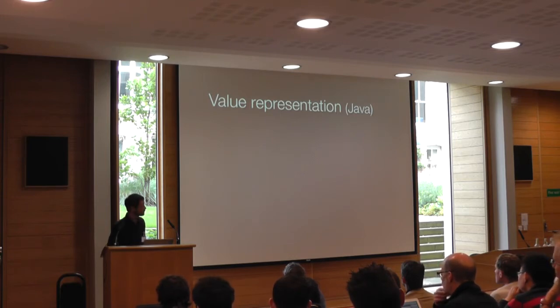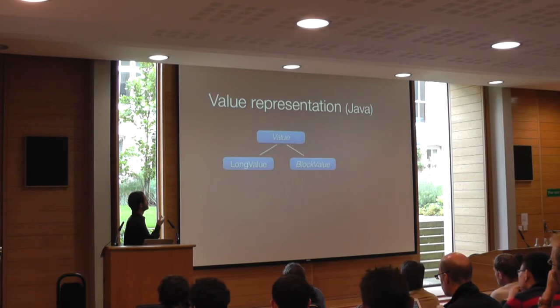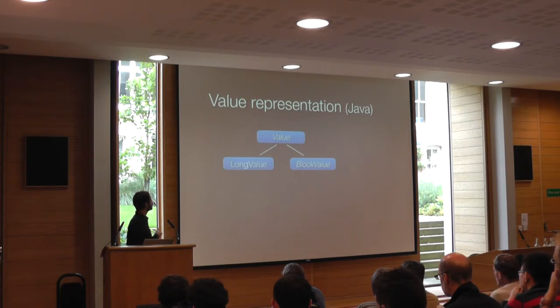So it implies that you will have to define a class hierarchy with an abstract value class, which has two children. A long value class, which is a concrete class for long variant int values, and another abstract class for block values.